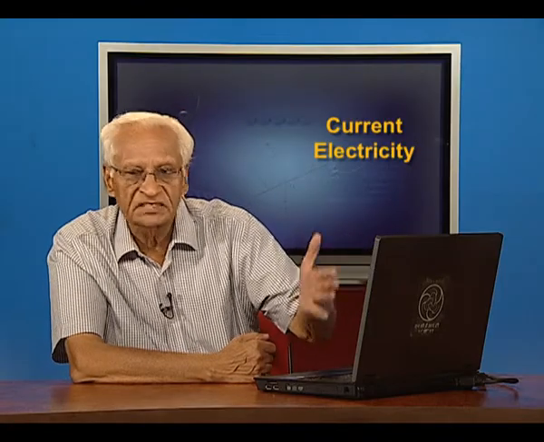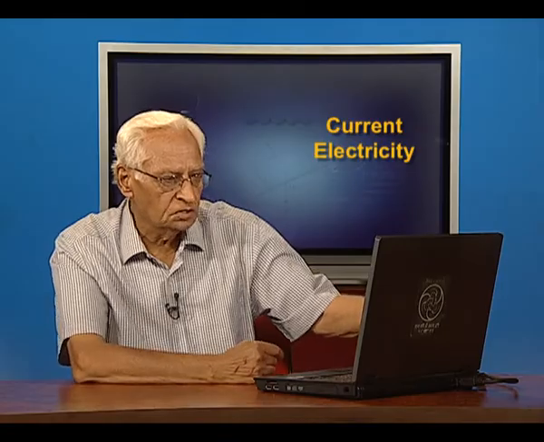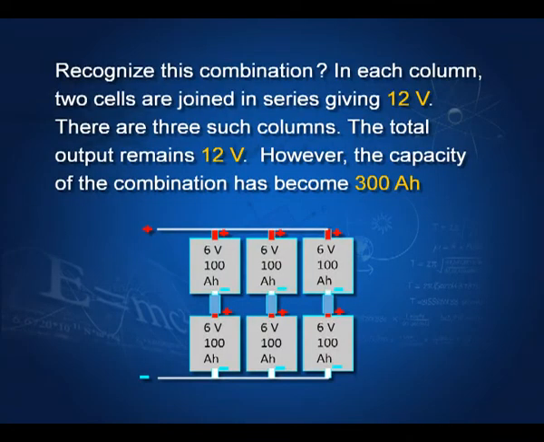We have again a mixed combination, 3 columns, each with 2 batteries or devices in series, and 3 such combinations in parallel. So, what is the total output? Total output will be the output of each column. Each column is 6 volts plus 6 volts, 12. So, the output of this is 12 volts, this is 12 volts, this is 12 volts, and they are all connected in parallel. Therefore, the total output is also 12 volts.